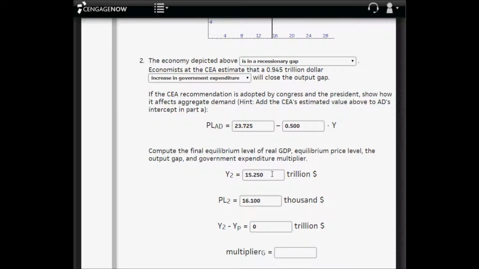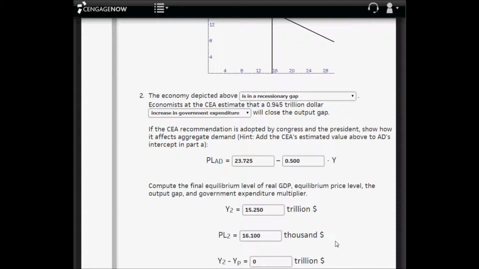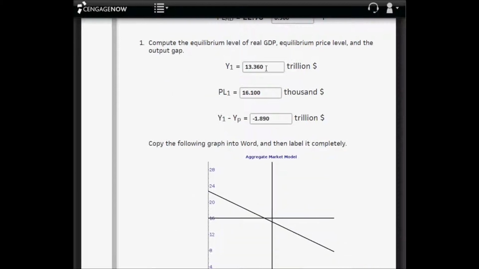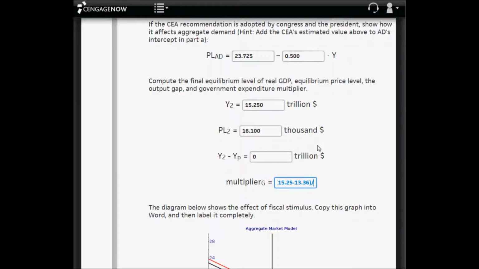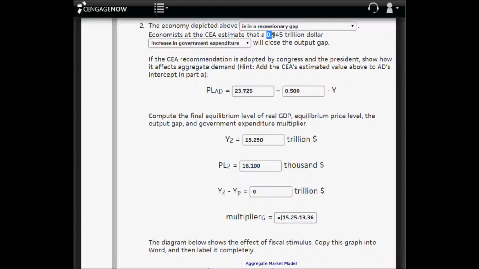The multiplier is the increase in GDP, which equals what GDP currently is minus what it was initially, 13.36. So that is the increase in GDP, and we've got to divide that by the size of the increase in government spending, which is 0.945.